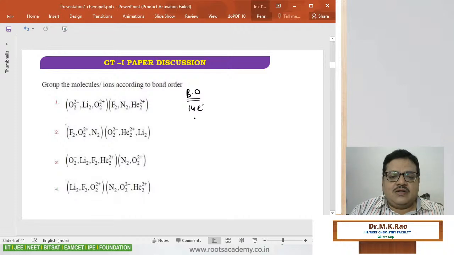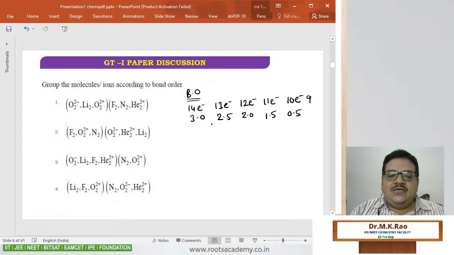If there are 14 electrons, bond order is 3.0. 13 electrons, bond order 2.5. 12 electrons, 2.0. 11 electrons, 1.5. 10 electrons, 1.0. 9 electrons, 0.5. 8 electrons, 0.0.